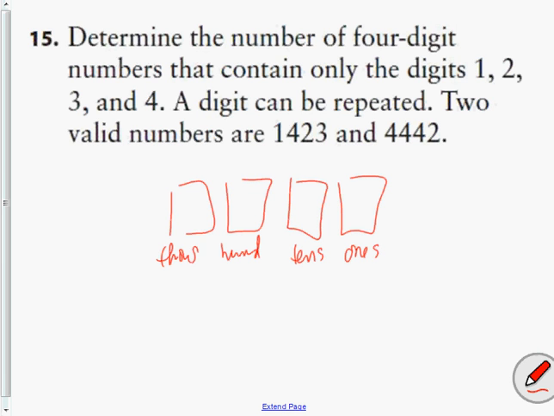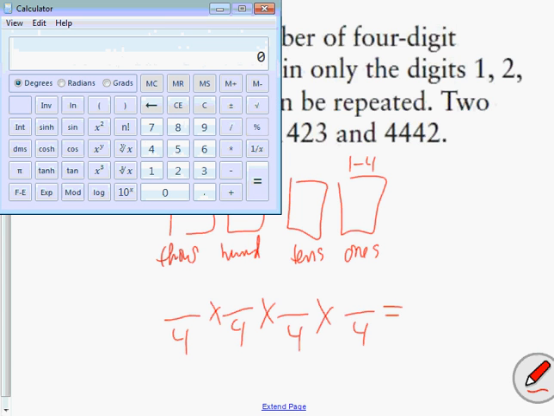Each one of these could be the digits 1 to 4, which means there are 4 possible numbers that can go in the ones place, 4 in the tens, 4 in the hundreds, and 4 in the thousands. So if we calculate overall possible outcomes by multiplying them, with my calculator I could go 4 times 4 times 4 times 4, and that equals 256.